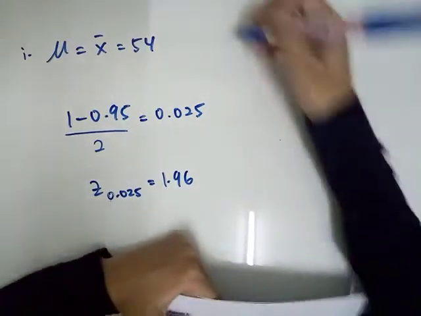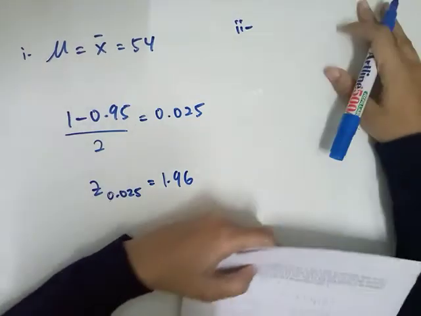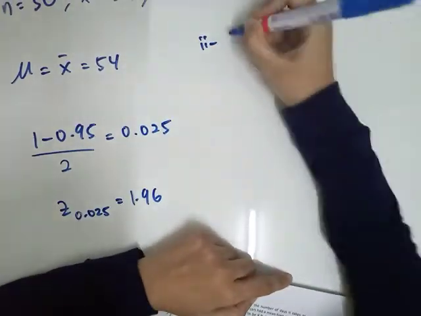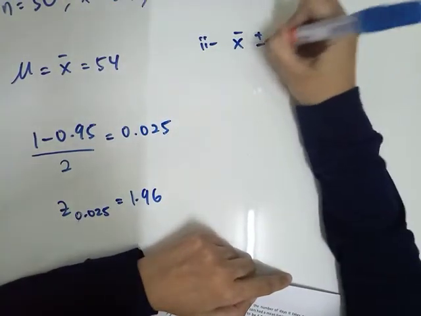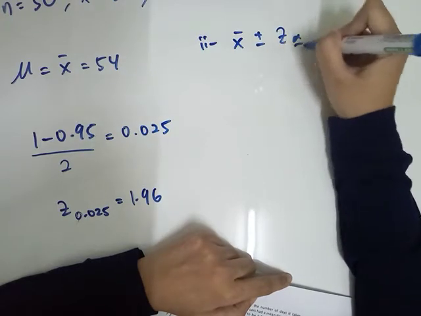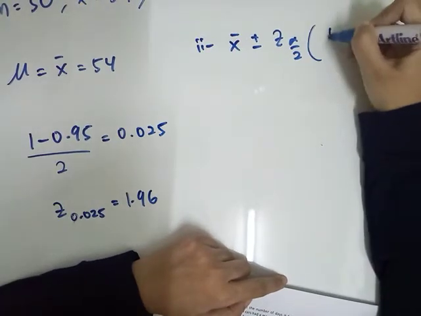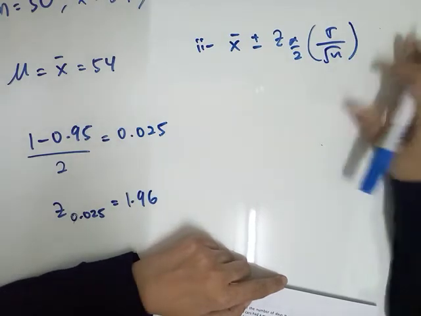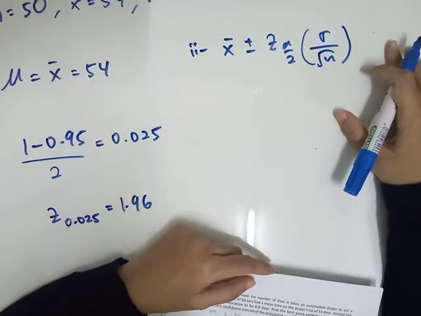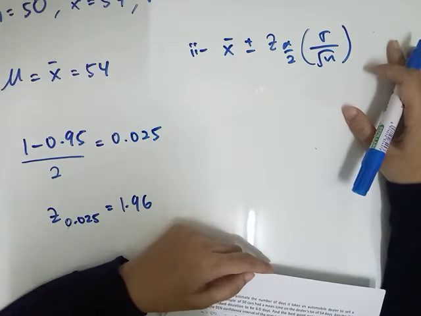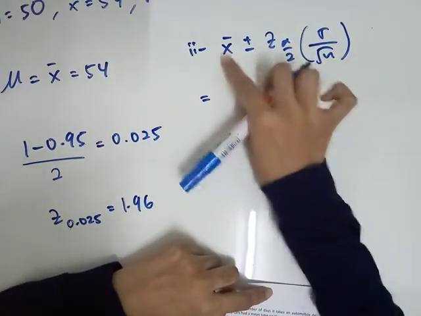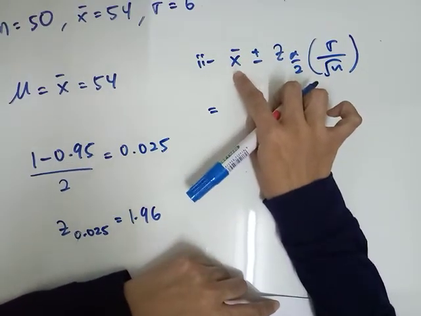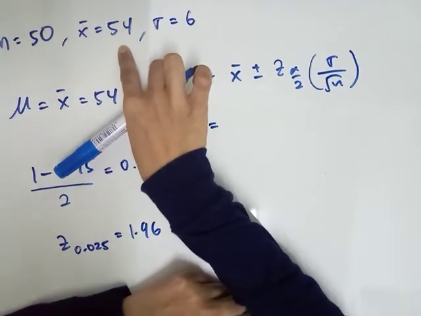And then the second step, you have to use the formula: x bar plus minus z alpha over 2 times standard deviation divided by square root n. This is the formula to find the population mean interval. So we know that x bar, the sample mean, is 54. Boleh nampak tak?